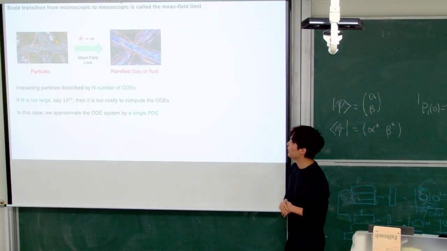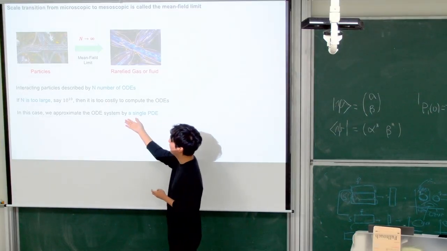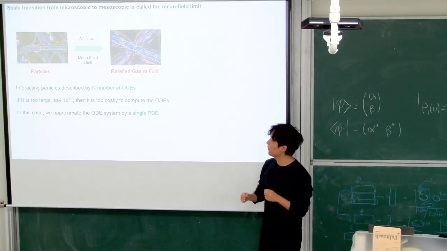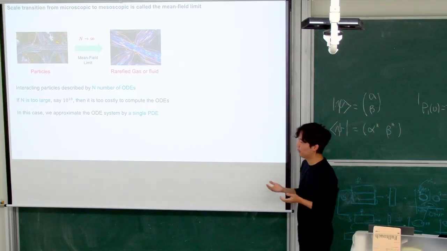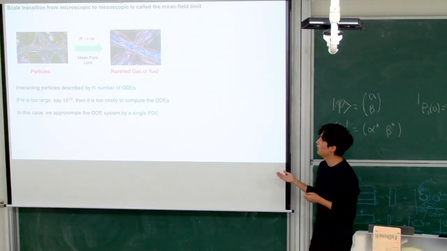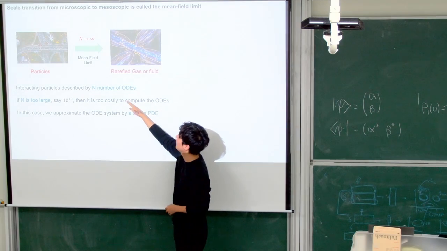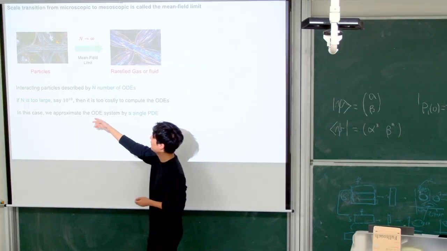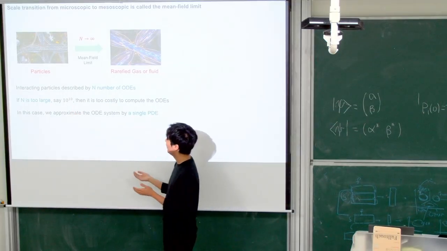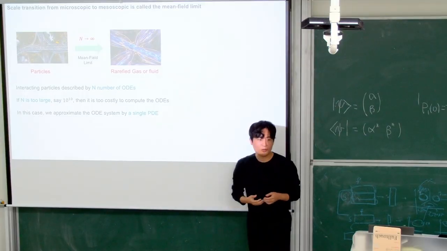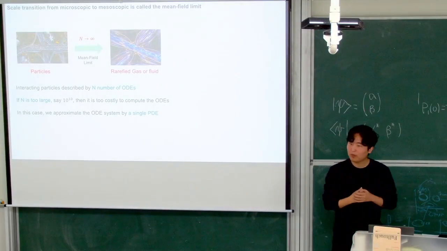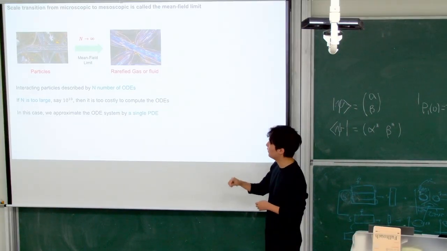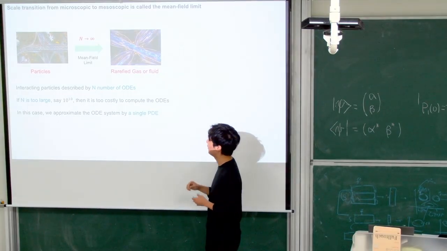So why do we do this? So I wrote here. Usually systems like interacting particle systems, like neurons in our brain or the stars in the galaxy, are described by n number of ODEs. But if n is too many, like 10 to the 10 or 10 to the 18 or something, then it is too complex and costly to compute numerically, or even to do the analysis.